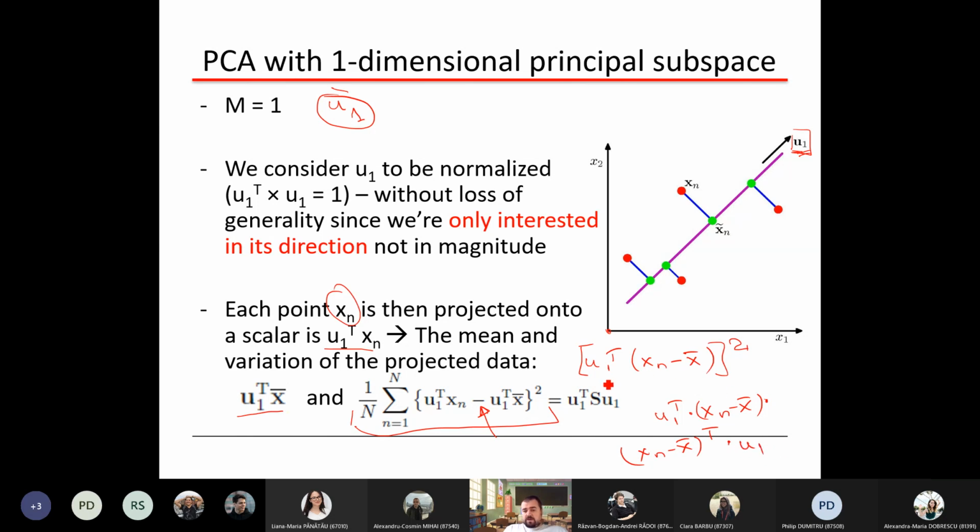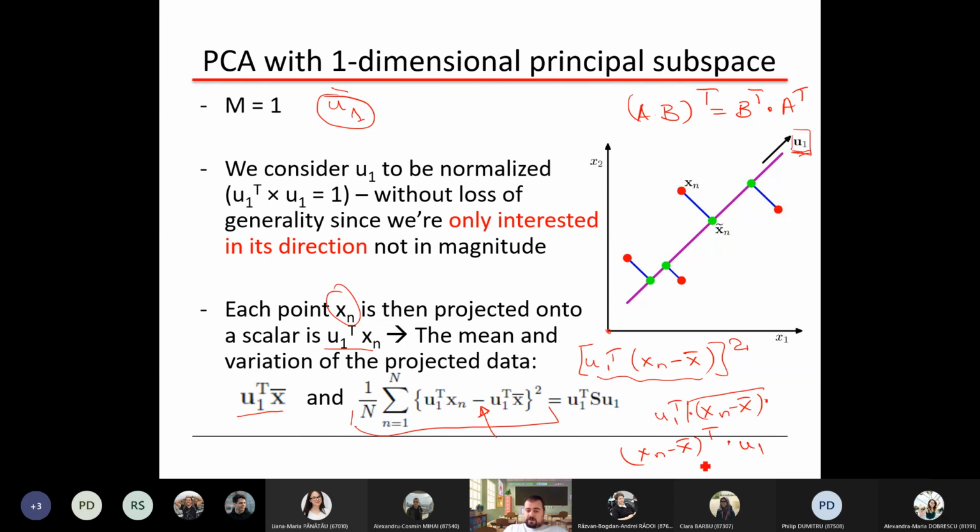Okay, because we need to multiply this term with its transposition, and if we have a product A multiplied by B transposed, you know that is B transposed multiplied by A transposed. And this is why it's reversing the order here.